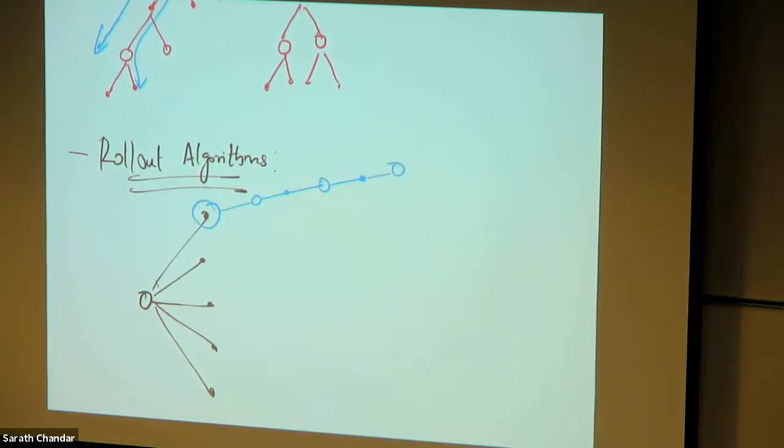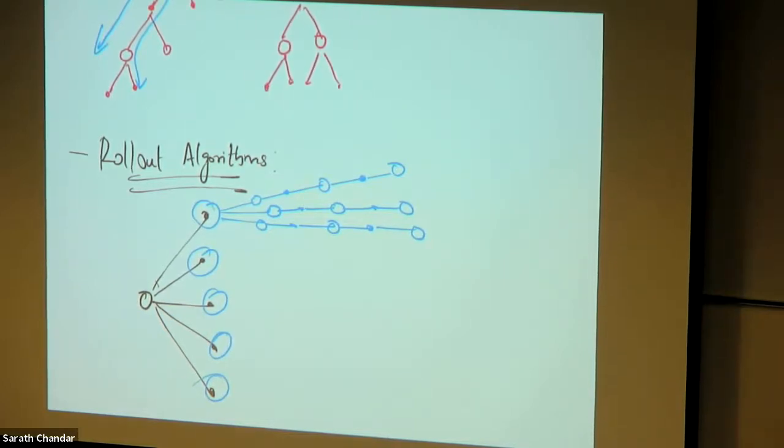Let's say this terminates here and you get a reward or return. Now I will do another rollout, and another rollout. For each of these state-action pairs, I can do many rollouts and use these rollouts to get a better estimate of the value of the actions, and pick the action which has the maximum value. Is that clear?